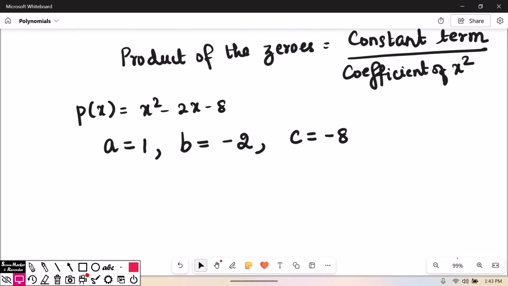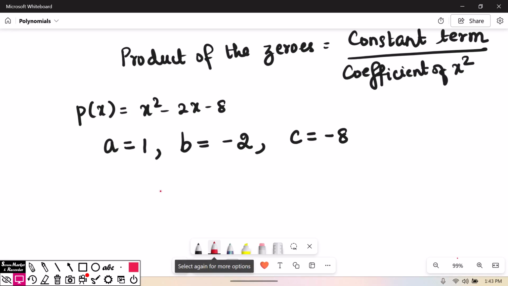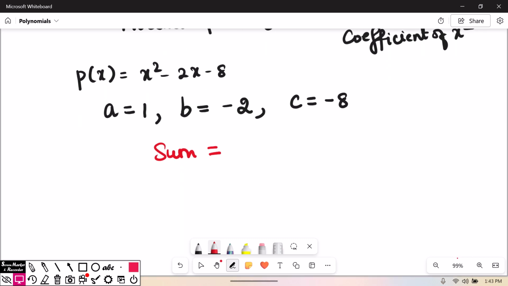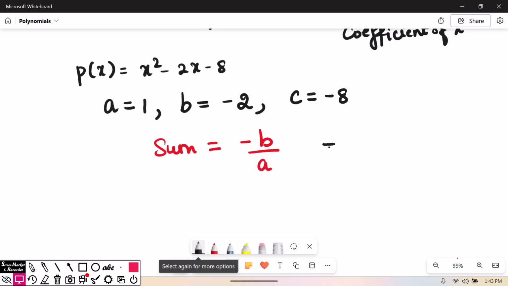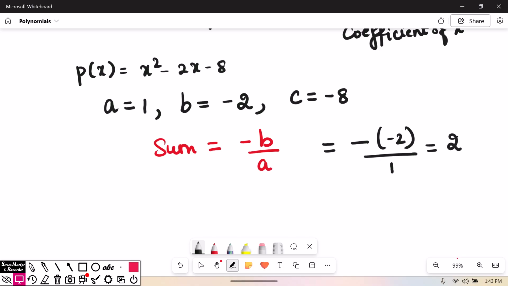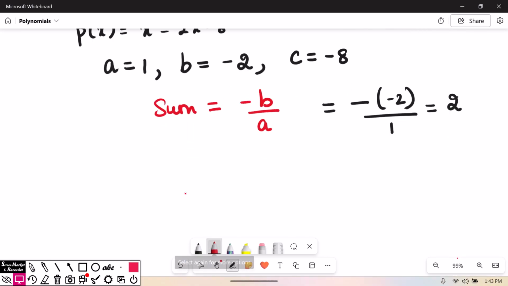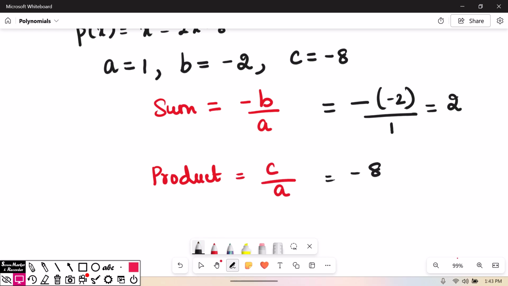So let us go ahead and calculate our sum and product. Sum, in short, is minus b by a. My b value is minus 2, so minus of minus 2 divided by my a value of 1. Minus into minus gives plus 2, and 2 divided by 1 is 2 itself. Now we are going to find the product. For the product you have c by a. My value of c is minus 8, divided by 1, gives minus 8.